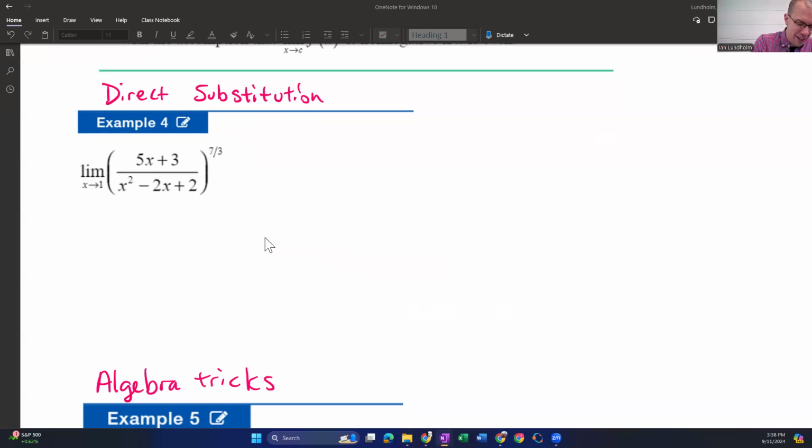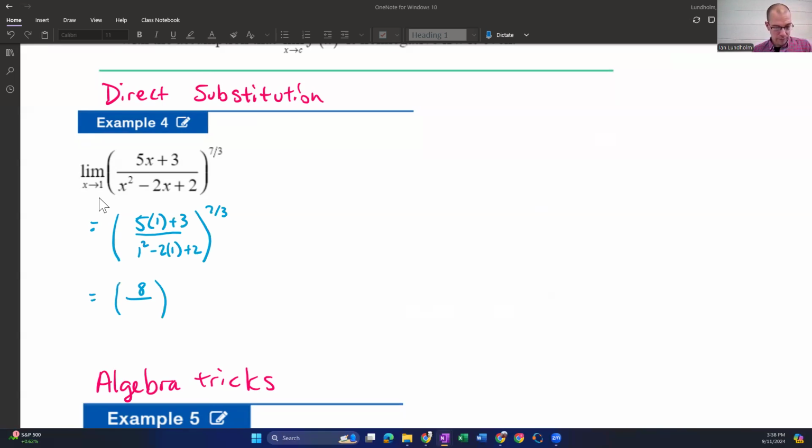So it's as simple as just plugging in the x value that we're approaching. We are going to 1. So if I do 5 times 1 plus 3 over 1 squared minus 2 times 1 plus 2, to the 7/3 power, we can just keep evaluating this. We get 8 on top.